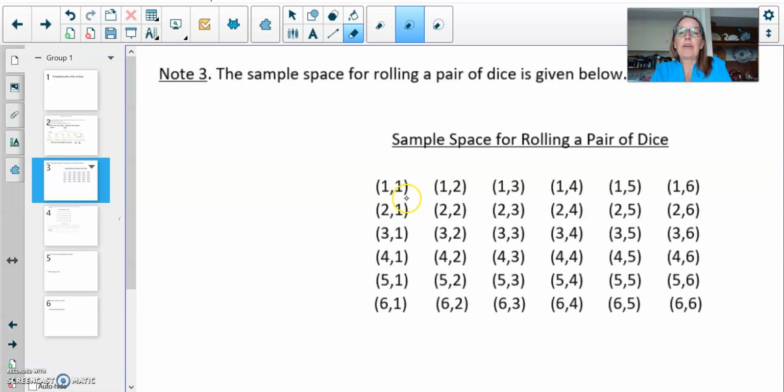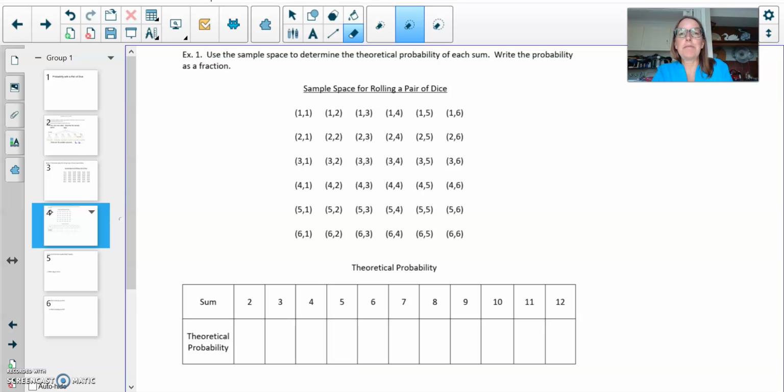So one outcome I could get is the ordered pair (1, 1). Then I could get the ordered pair (1, 2), (1, 3), (1, 4), and so on. And what's nice about thinking about it as this square is it helps me stay organized in my different outcomes. So now I can analyze that sample space to find the theoretical probabilities.